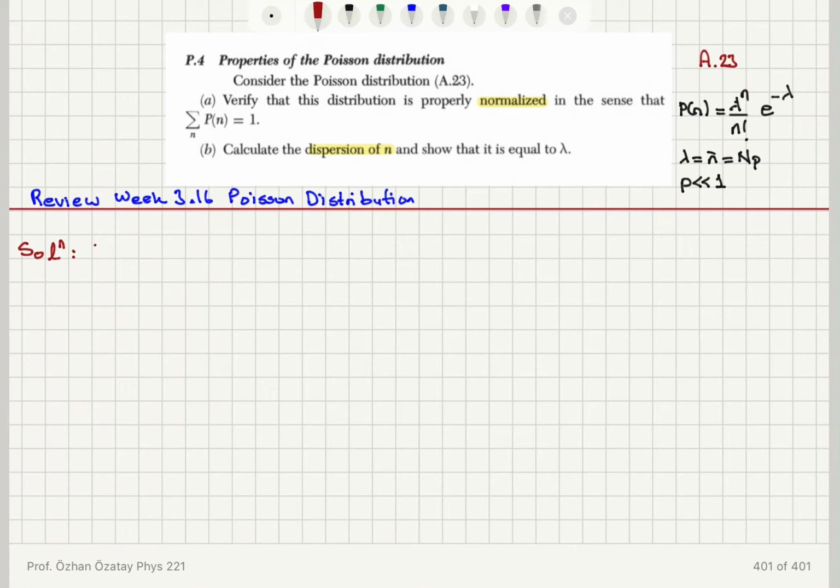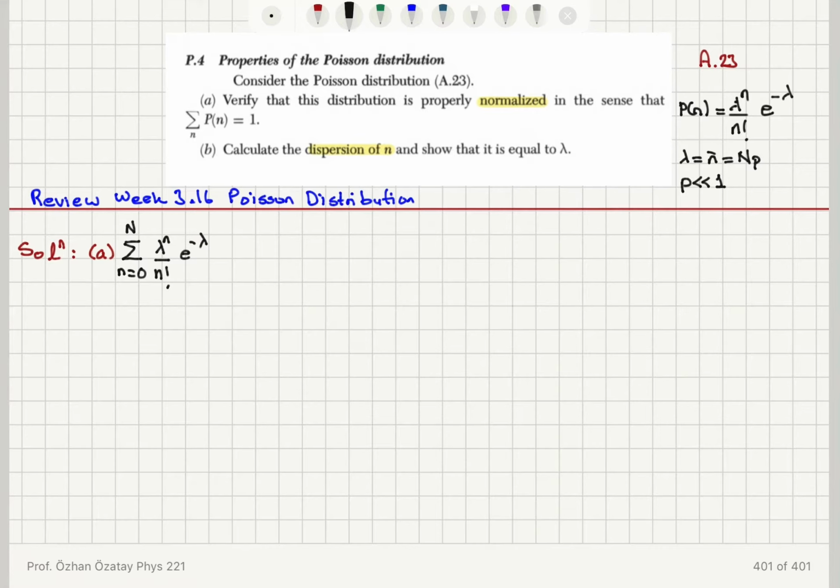So the normalization condition is that when we go over all possible values of the variable n from 0 to capital N and look at the probability of those values, these probabilities should add up to 1.